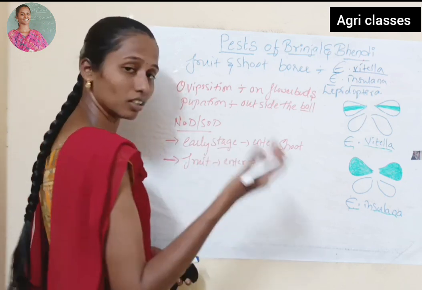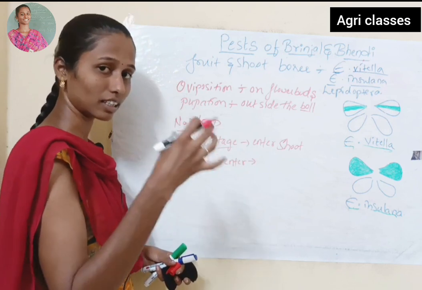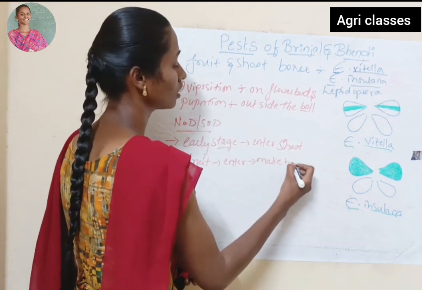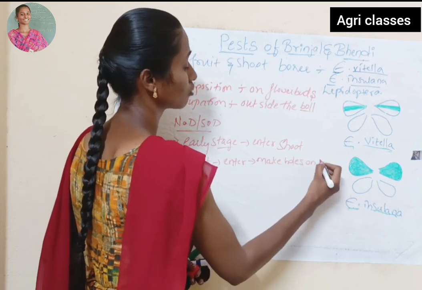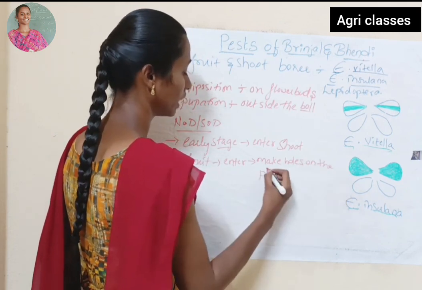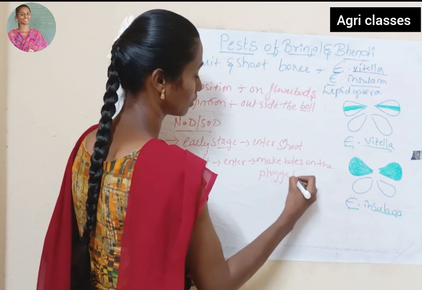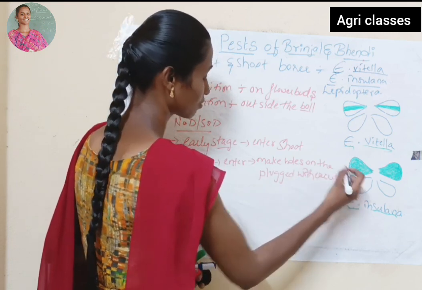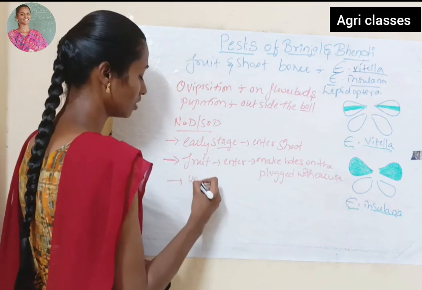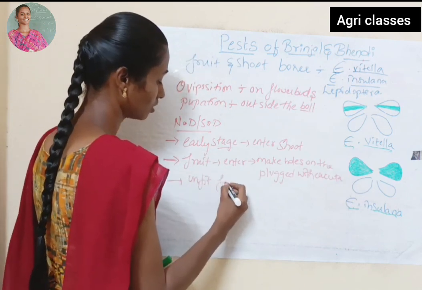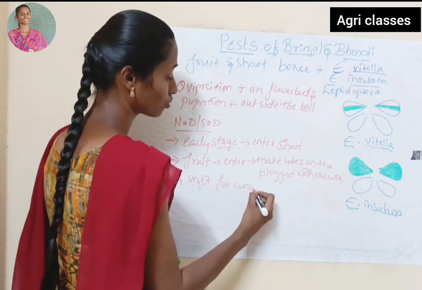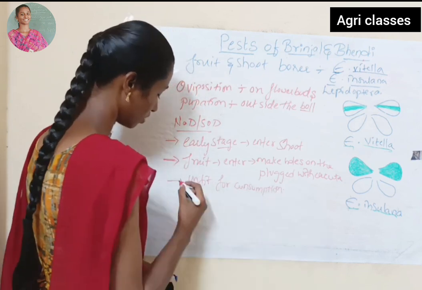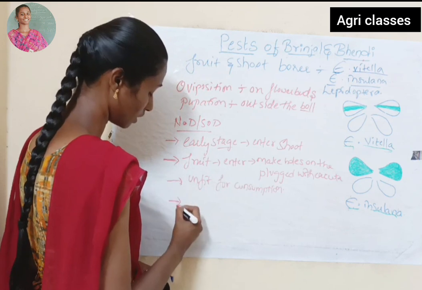They will eat the inside matter, make holes on the fruits, and plug them with excreta. And these fruits are unfit for consumption. We cannot use these fruits for cooking or any purposes.